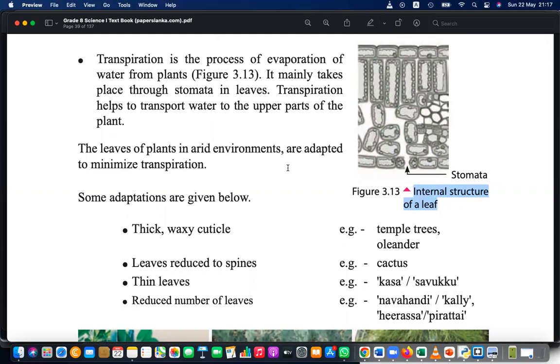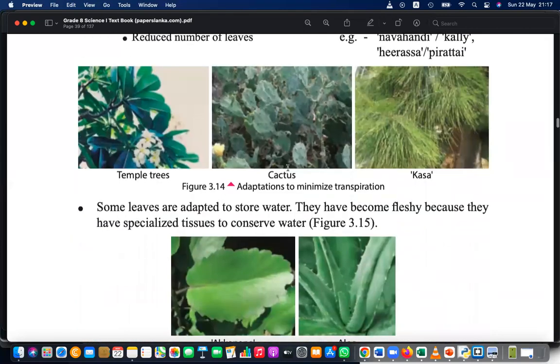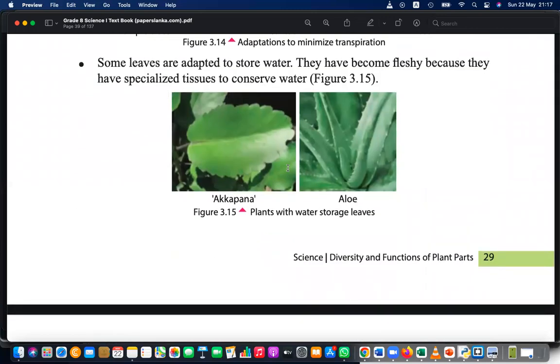It will become dry and then it will die because the required amount of water is not there in the plant. And aloe vera, you can see, has a great mechanism of protecting water, and it can adapt to some extreme environments by doing this.